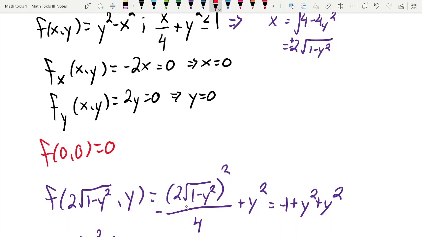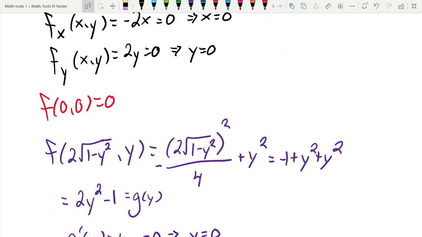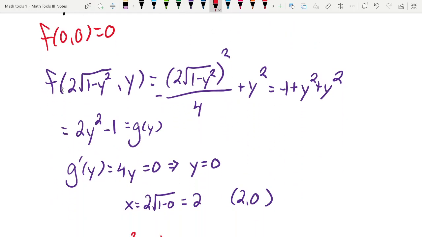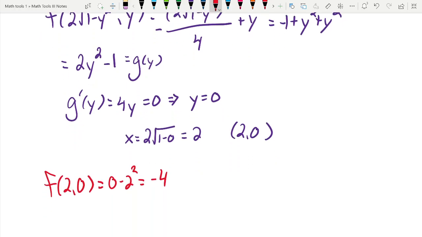This part's going to be exactly the same, right? We're still going to get y equals 0. What's going to be different is the sign of the x value. So that's going to be f of (negative 2, 0) instead. But ultimately this is still going to be negative 4. So we have a tie here.